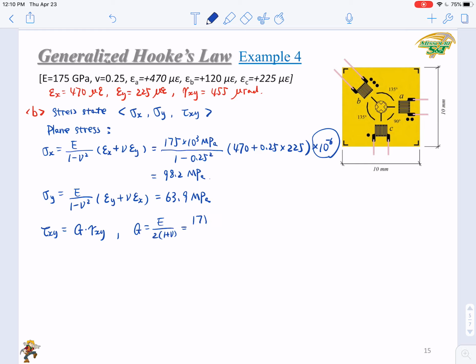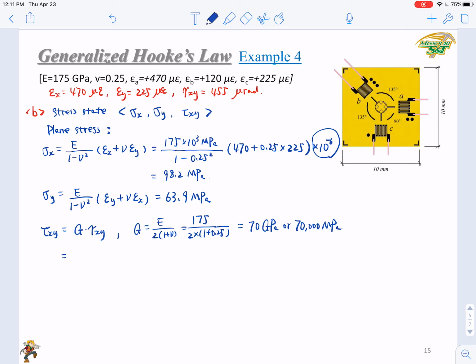It's 175 over 2 times 1 plus 0.25, which is 70 gigapascal or 70,000 MPa. So using this, you can calculate it.